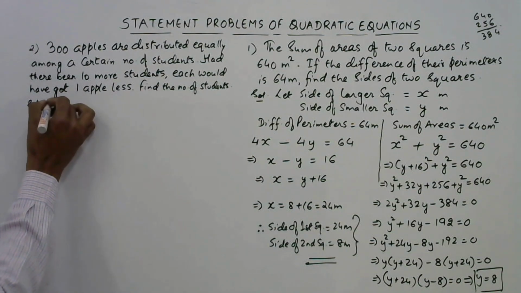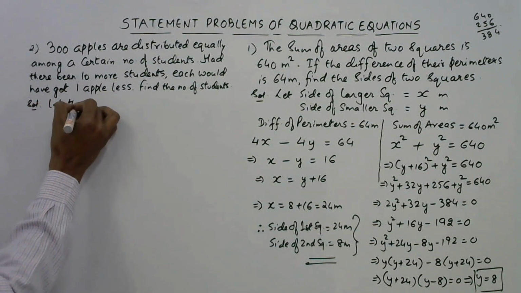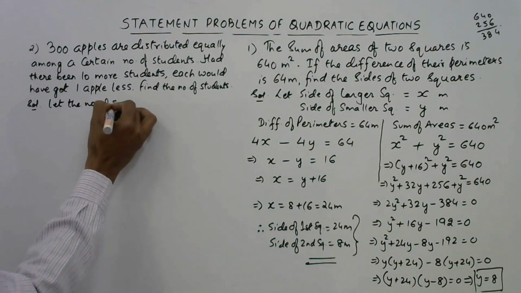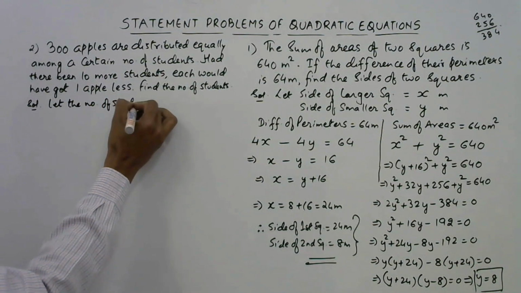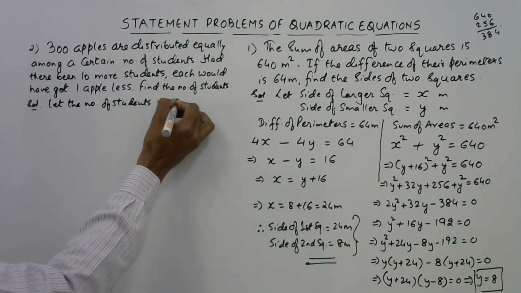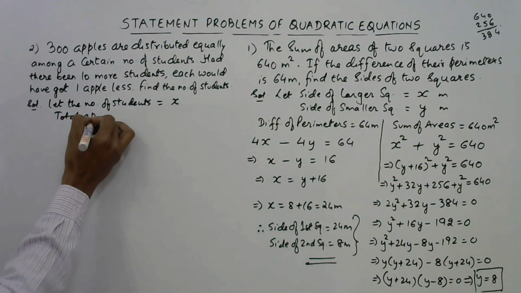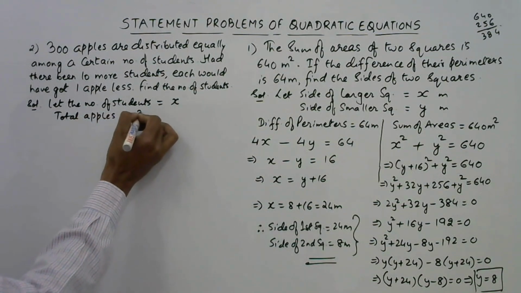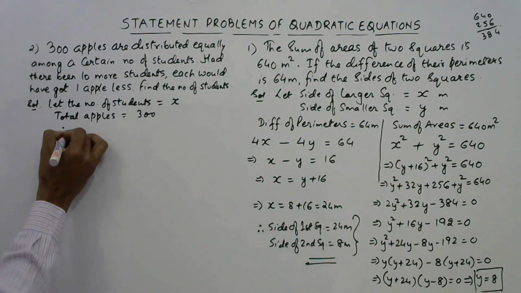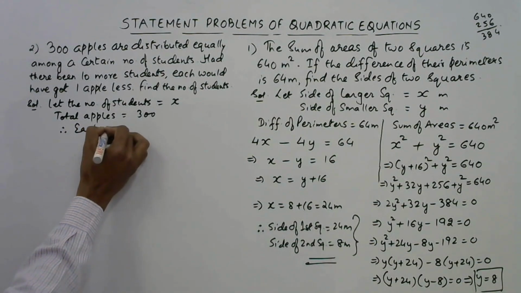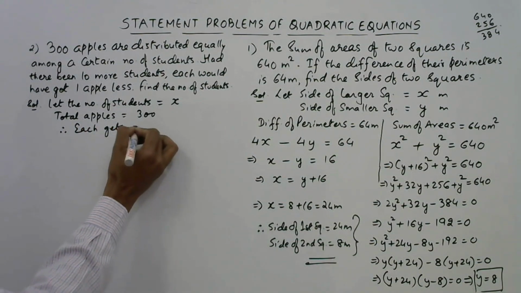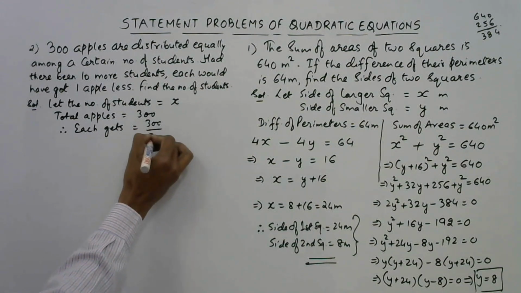So for this question also we will assume, let the number of students be x. Now total apples is 300. Therefore each student gets 300 upon x, these many apples.